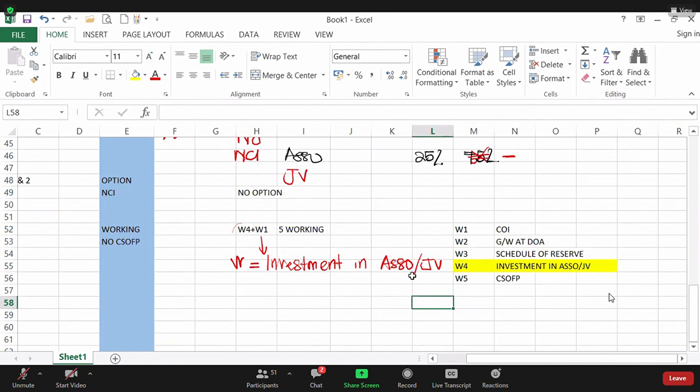So this working is only for consolidated SOFP. In the SOPL, we don't have investment in associate, because investment is a non-current asset. Understand? Don't look for IIA in the SOPL. I hope everyone understands. IIA is only in SOFP, not SOPL.